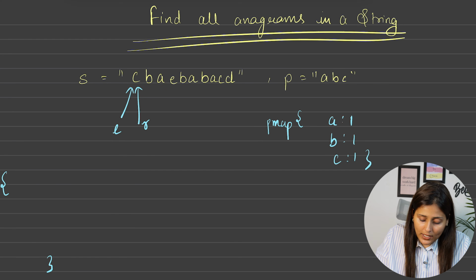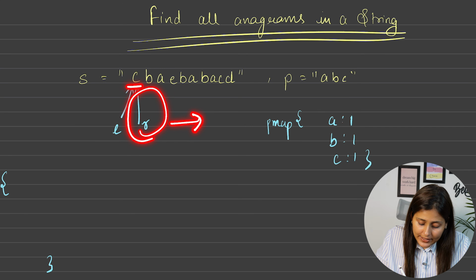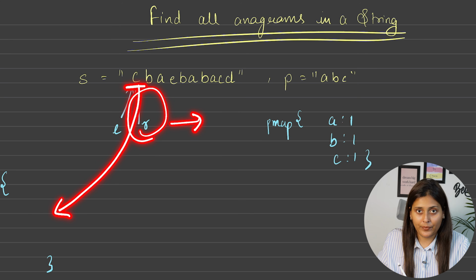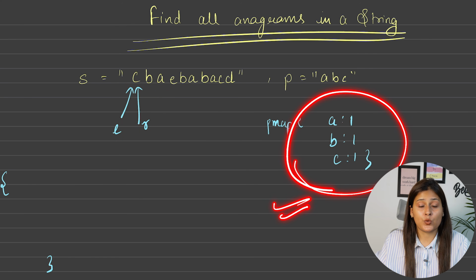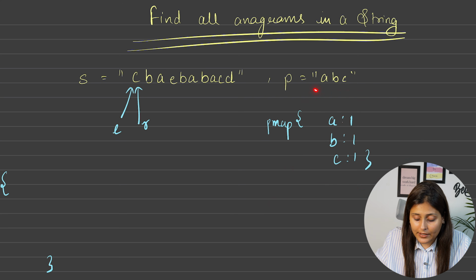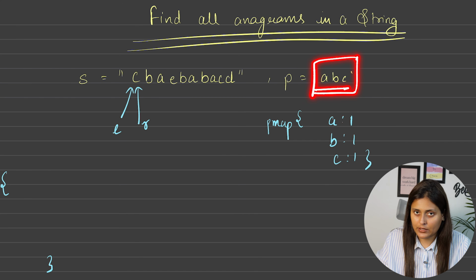Okay. So what R does, while moving or expanding, is R reads the character and adds the frequency in the map. Also we have to count these characters as well. Why? Because see here, how many characters do we want? 3.